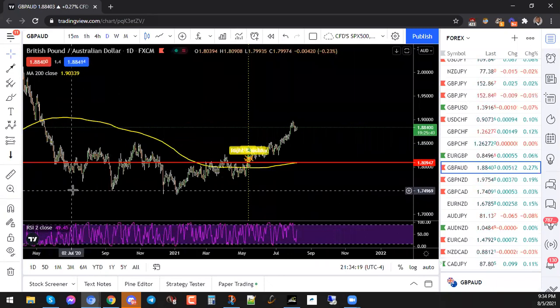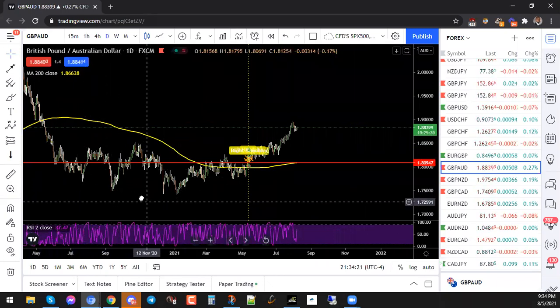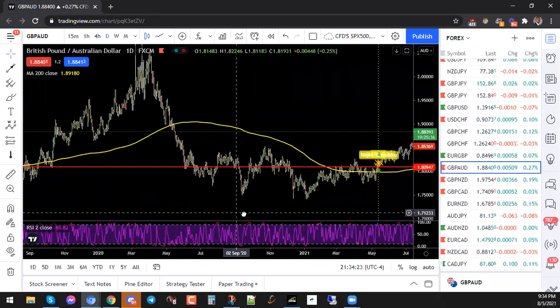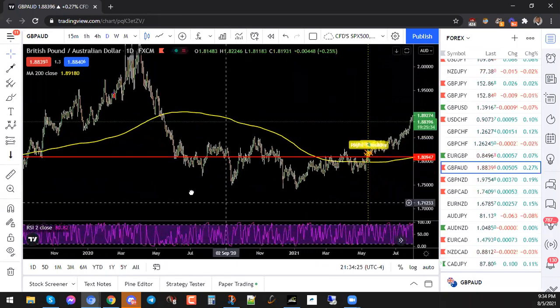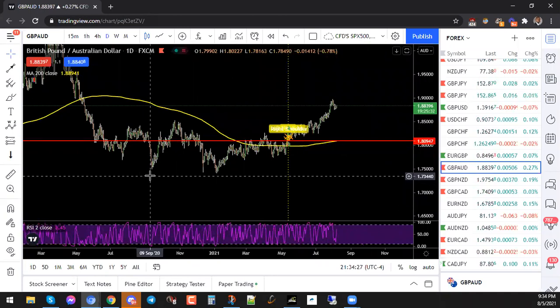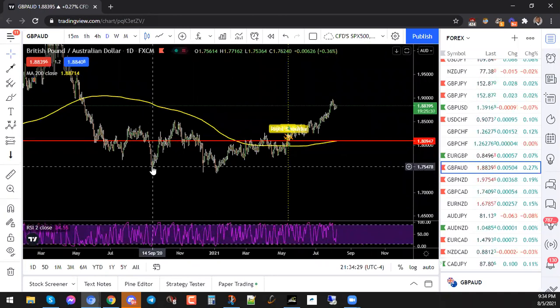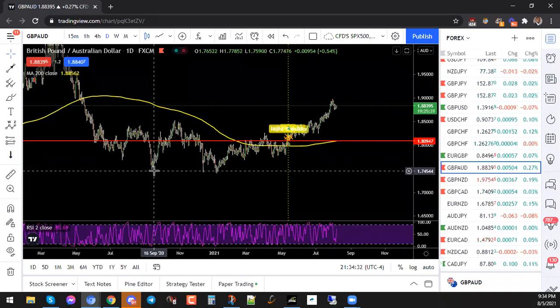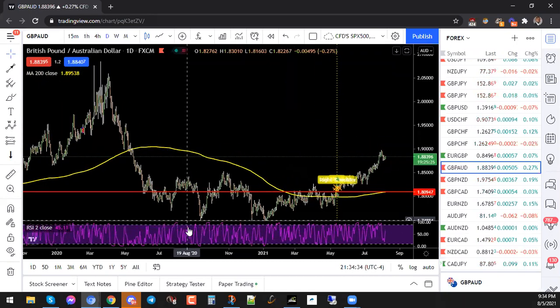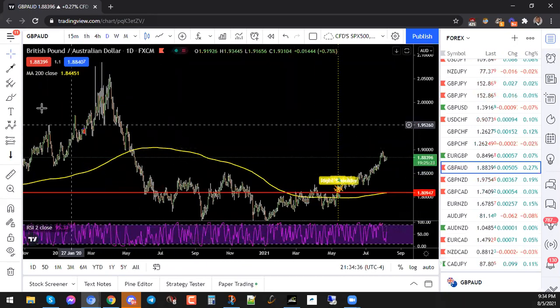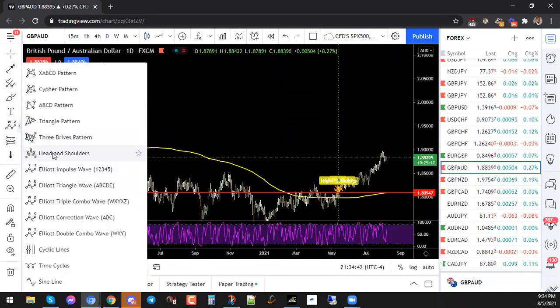And if we're going to be looking at this type of move, let's see here. This could potentially be the end of the move down.